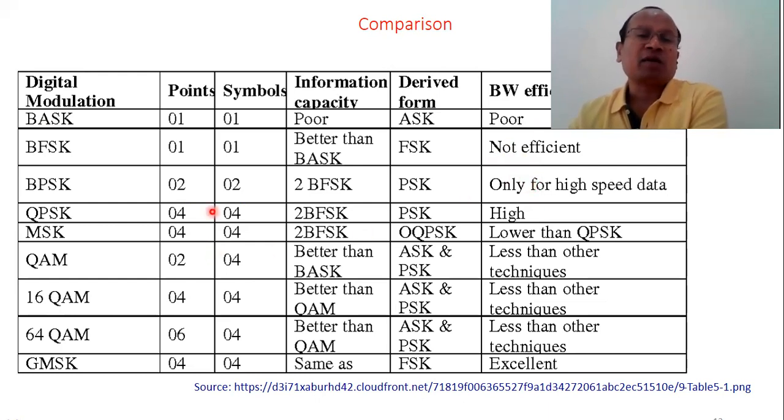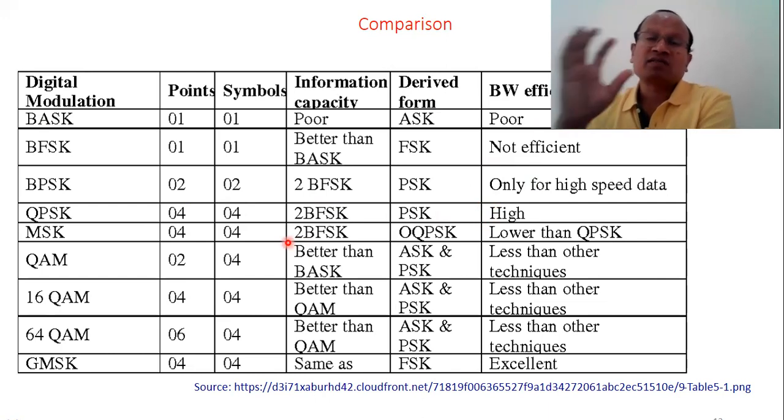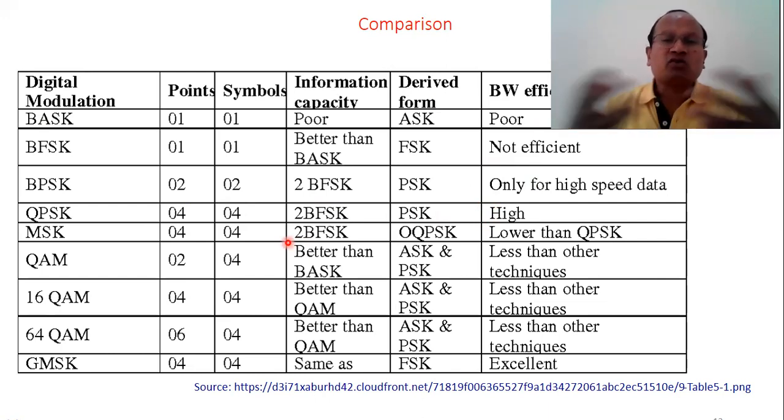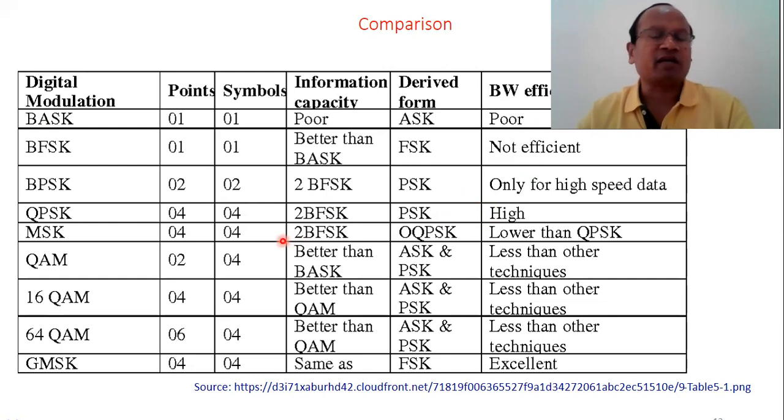In QPSK, the number of points, the number of symbols, is 4. You have seen there are 4 symbols. The information capacity is twice that of BFSK, and the bandwidth is high. We have seen the bandwidth saving is there because some half space is left, so bandwidth utilization efficiency is better. Then there is minimum shift keying, which we'll study further, and the bandwidth is lower.